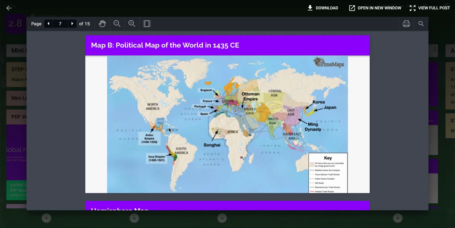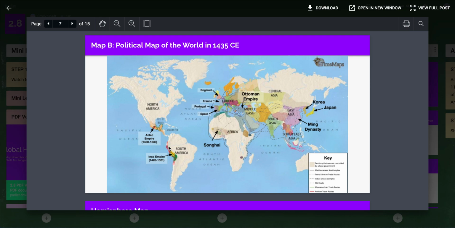What I think is very interesting is that even though these empires existed during a similar time period, the Aztec Empire is predominantly part of the Mesoamerican trade routes. And if we look at the map key for the Inca, it's the Andean trade routes, because this is where the Andes Mountains are.